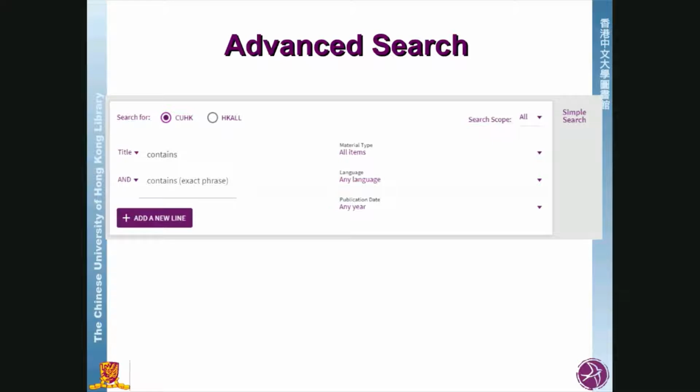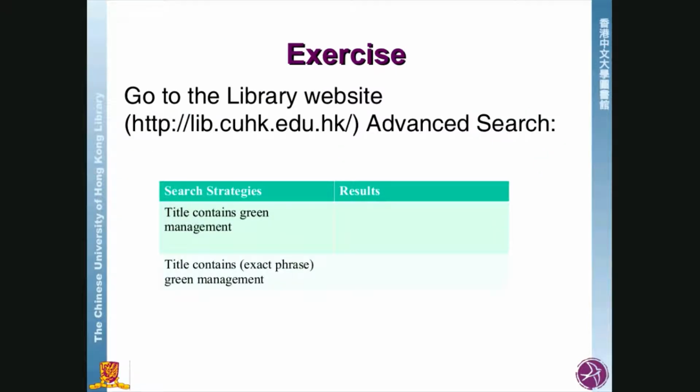So now, let's have the first exercise. We go to the library home page and then select advanced search. Let's do two search strategies. The search term is the same.